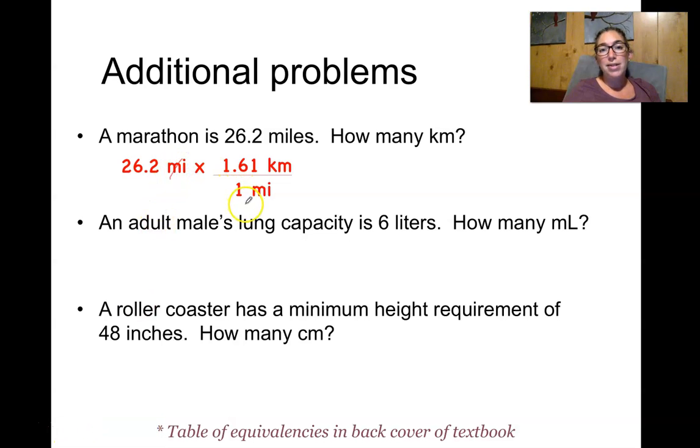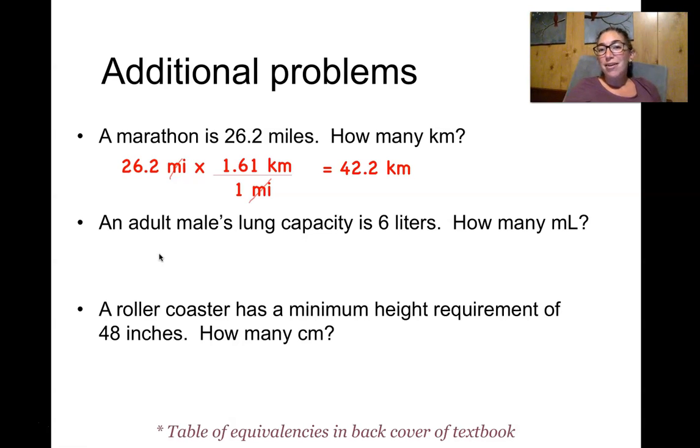We looked up on that table and saw that 1 mile is equal to 1.61 kilometers. So we made that conversion factor. And now 26.2 times 1.61 equals 42.2 kilometers. That's how long a marathon is if you run it in a non-US country.